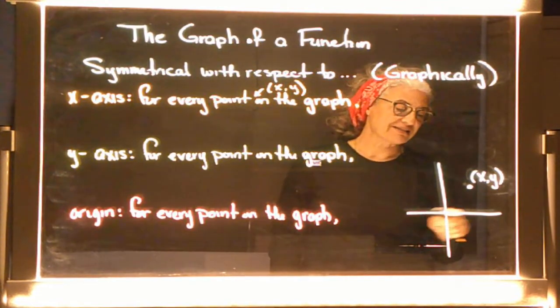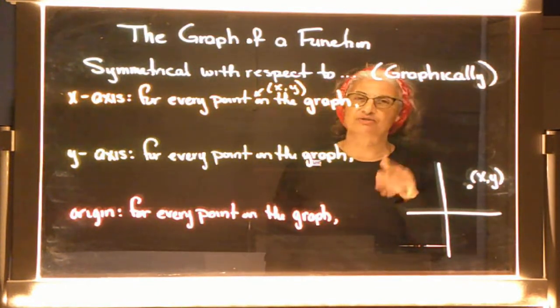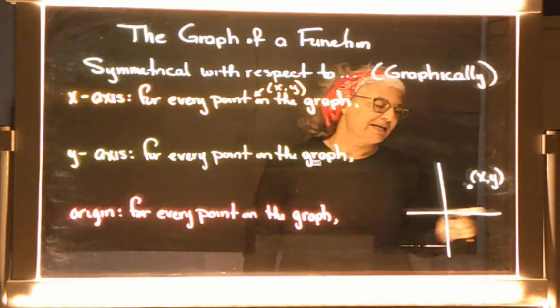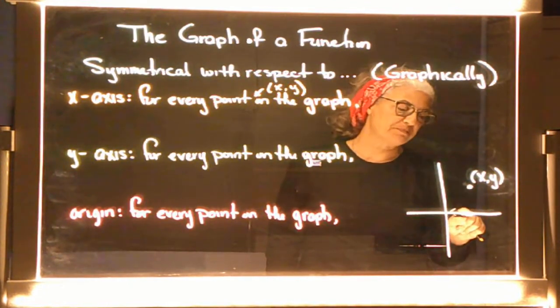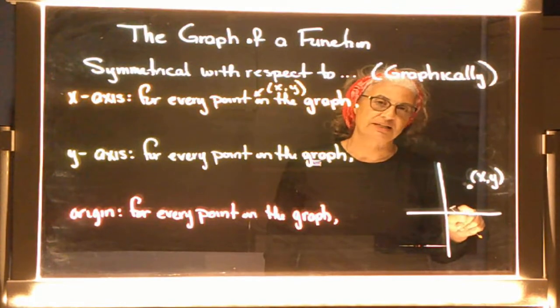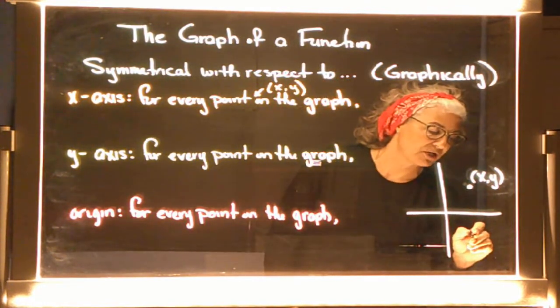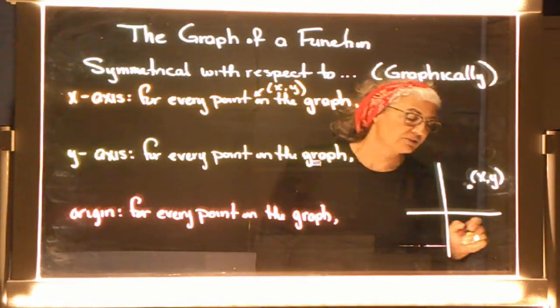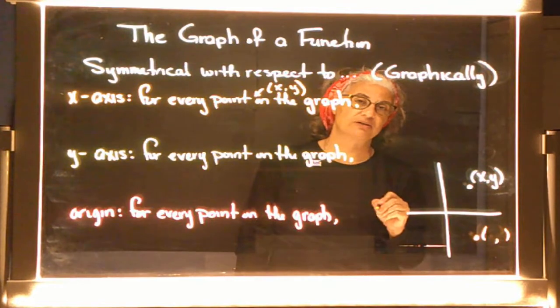If the x-axis is the mirror, that's how I want you to think of symmetry. I want you to think of it like a mirror. If the x-axis is the mirror, and this point looks at itself in the mirror, which quadrant will it end up in? Good. I hope you said it ends up here in quadrant 4, because it will. So the question is, what does this point look like in quadrant 4?